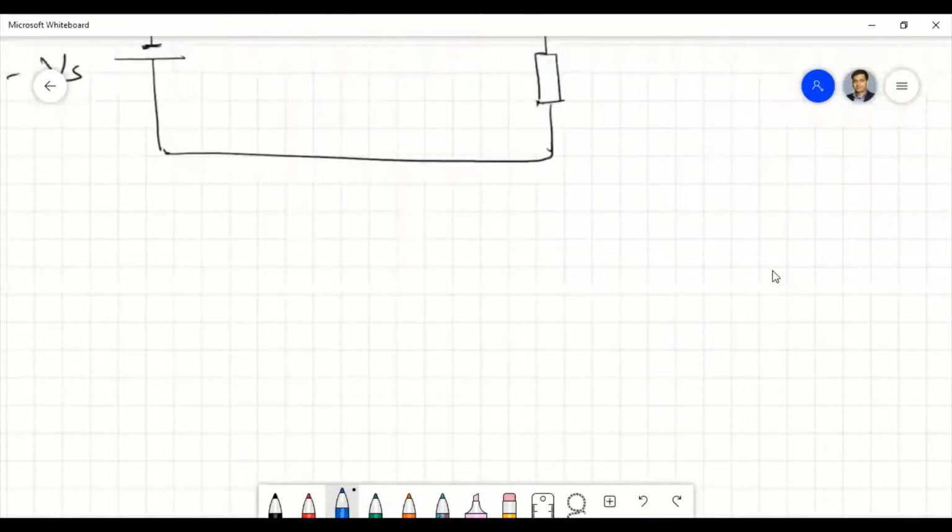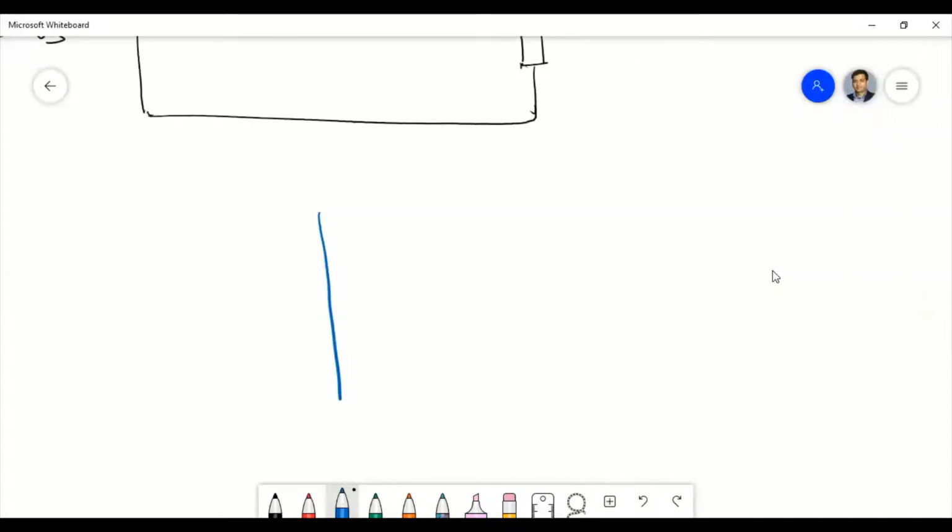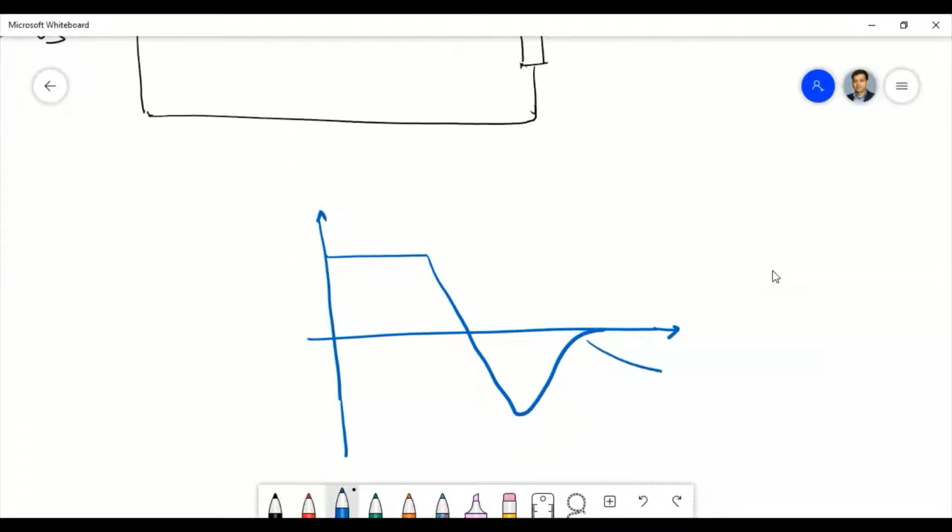Actually, what happens at the instant where we apply the reverse voltage, the diode current changes like this, and then it recovers like this. And this portion is not exactly linear, this is exponential. So that is the problem.